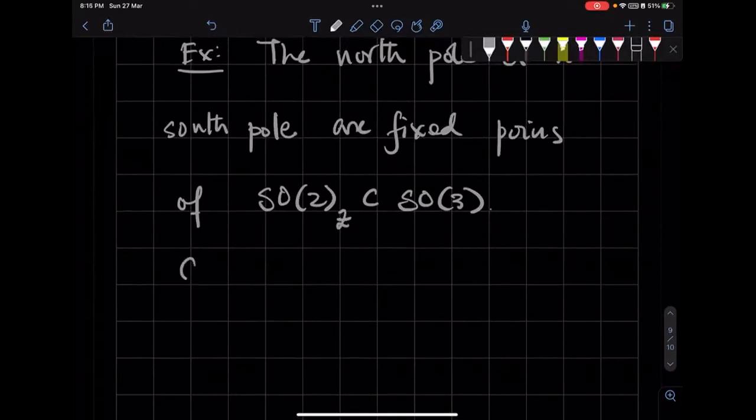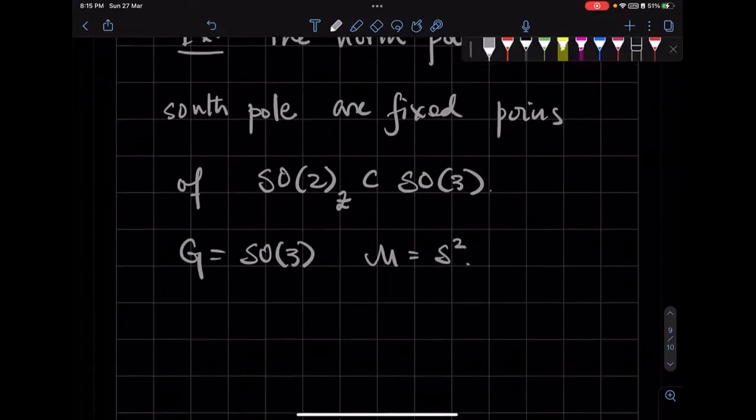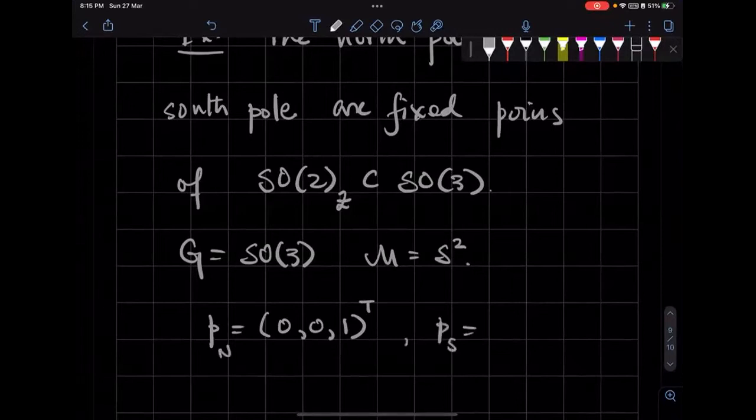So the group we are taking is SO3, and the manifold we are taking is S2. But there are points on the manifold, such as the North Pole, which is (0, 0, 1), say Pn, and the South Pole, which is (0, 0, -1), right?